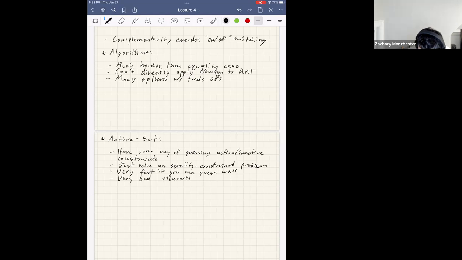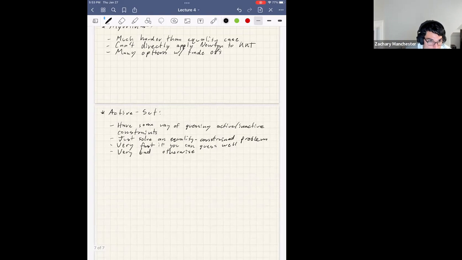A good example of this in robotics is the MIT DRC team that did Atlas back in 2014, 2015 or so, when they were competing for the DARPA challenge. They developed a custom active set QP solver for their robot, with really good heuristics for guessing the active set. They guessed it right like 95% of the time, and in the other 5% they could get it right in one additional guess. As a result, they were able to run that solver at kilohertz rates. So, big win. In particular problems, you can sometimes do this really well, and that's a huge win.